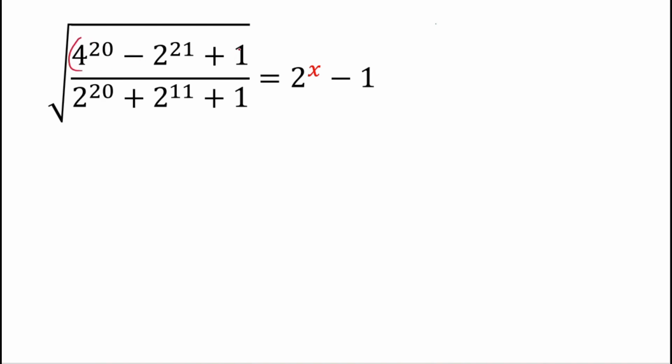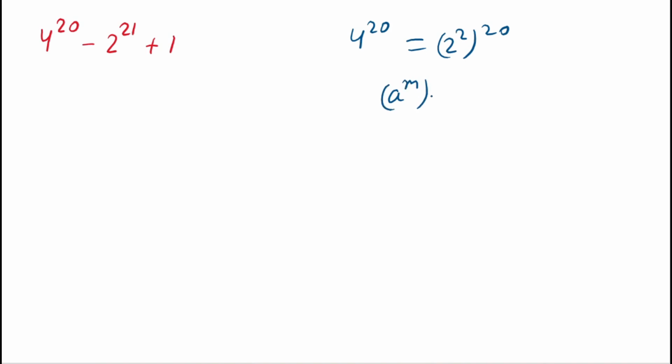Here first we will simplify the numerator, and the numerator is 4^20 - 2^21 + 1. Now 4^20 is the same as (2^2)^20, and here we will apply the rule (a^m)^n = (a^n)^m.